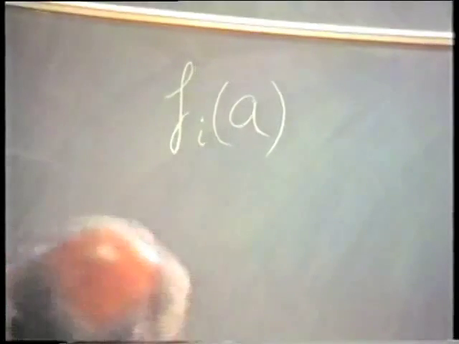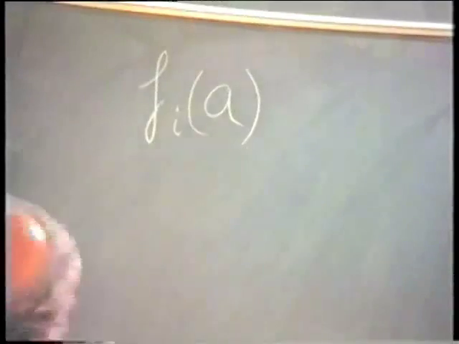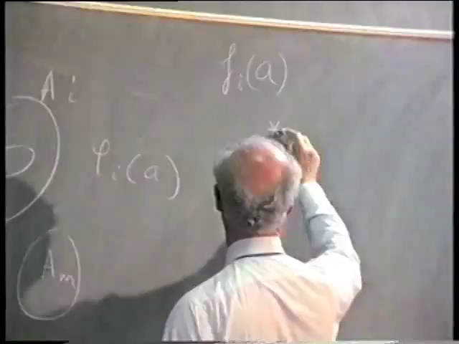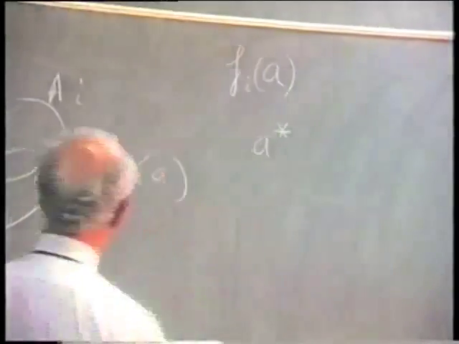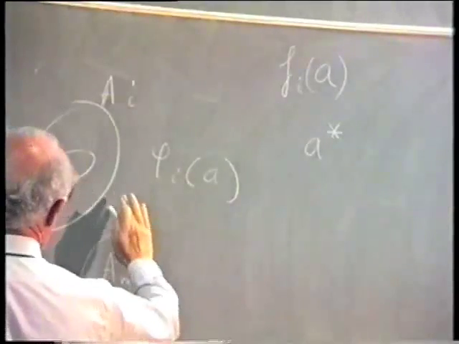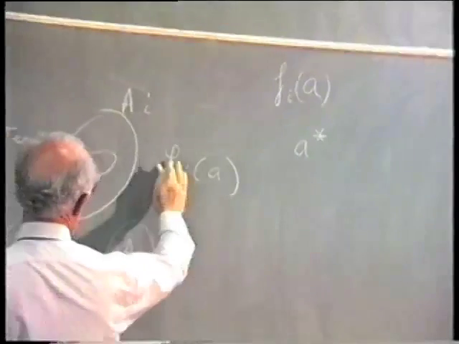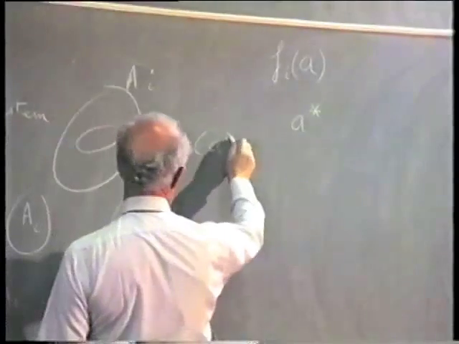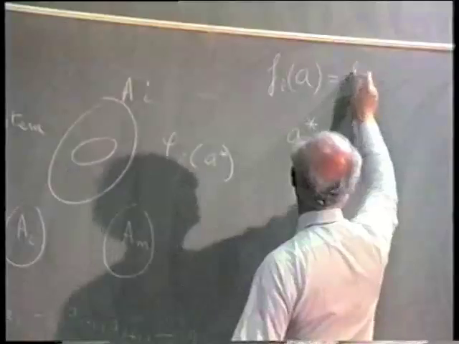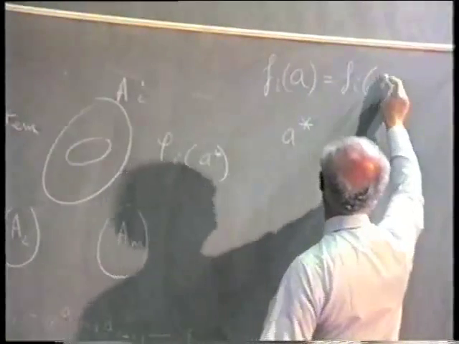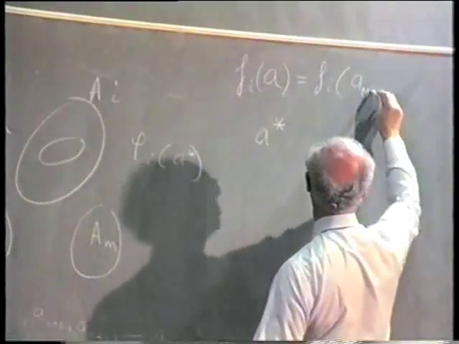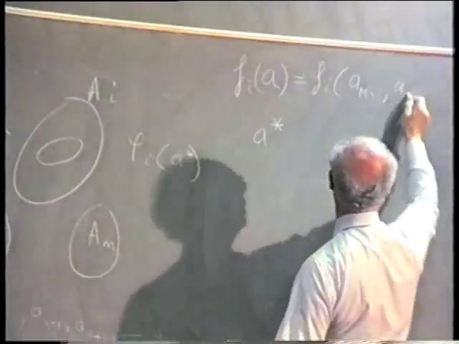Now, we will have an equilibrium, which I will denote by A star, if and only if the following is true. Take the ith agent restricted to phi I of A star, and of course this can be written as A sub M, the set of all the agents, minus I and AI.